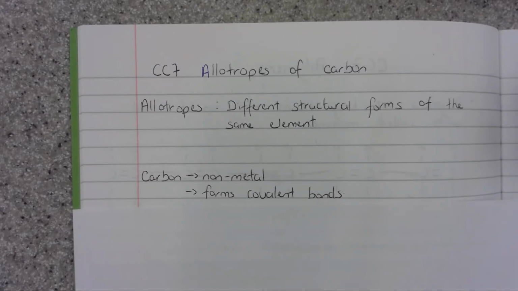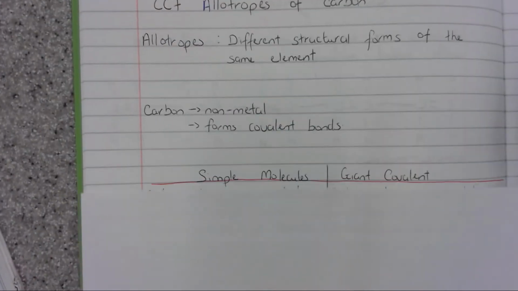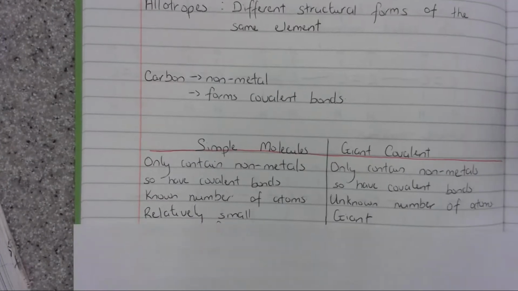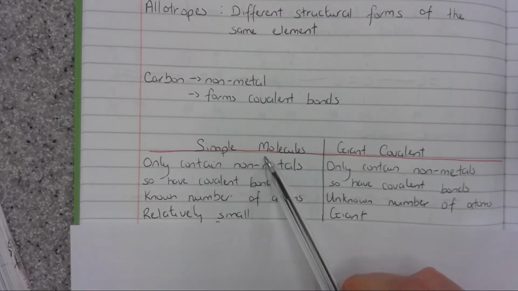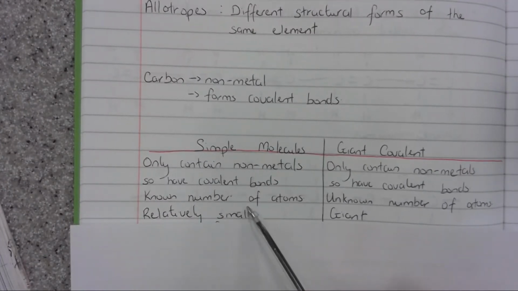We've already looked at covalent bonding in previous videos, and we've looked at covalent bonding to form simple molecules. However, there is another type of covalent bonding. There is also giant covalent. In each case, it's covalent bonding, so it's non-metal atoms bonding with other non-metal atoms. But when you form a simple molecule, as we've seen before, you've got non-metals forming covalent bonds, but you've got a known number of atoms.